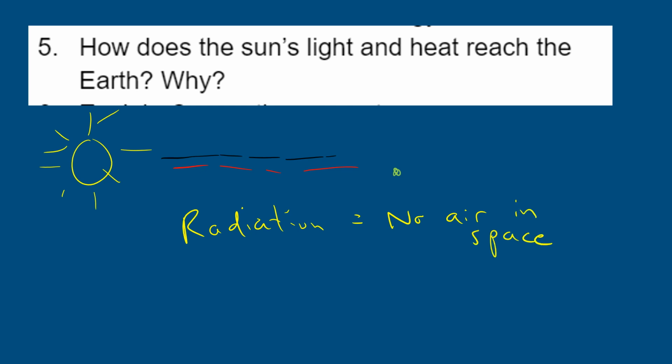Between the Earth and the Sun, there is no matter, so it can't use conduction, and it cannot use convection. So it has to use radiation. Again, think about how you want to put that into a sentence for your answer.